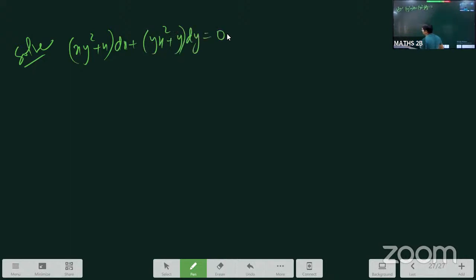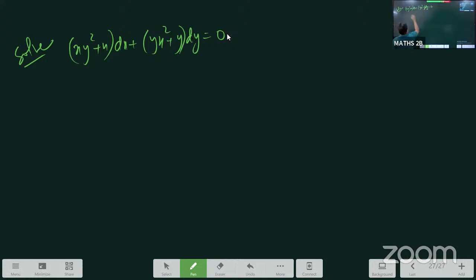Solve (xy² + x) dx + (yx² + y) dy = 0. Again, first get into the form of dy by dx.